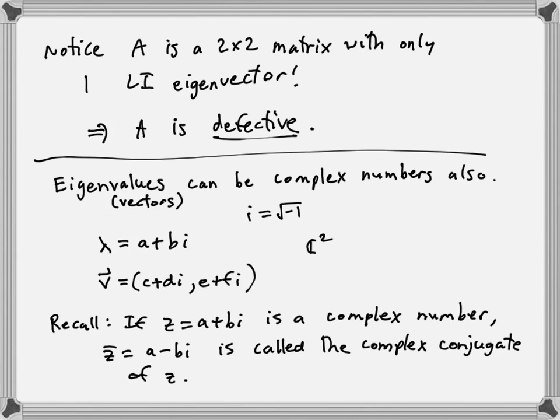So anytime that you have a complex number, you also have another complex number called its complex conjugate, and that's designated with a bar on top. Okay, hopefully you've seen this notation before, but if not, it's pretty simple. So there it is.